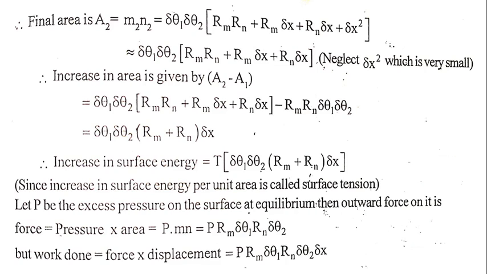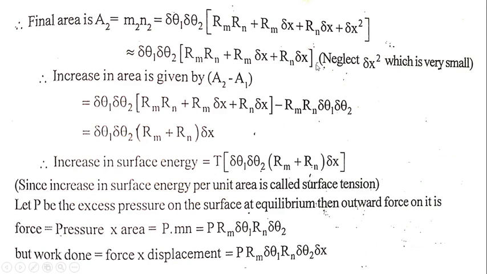Therefore the final area is A2 equal to M2 N2, equal to delta theta 1 into delta theta 2 into Rm Rn plus Rm delta x plus Rn delta x plus delta x square, and that is approximately equal to delta theta 1 into delta theta 2 into Rm Rn plus Rm delta x plus Rn delta x.